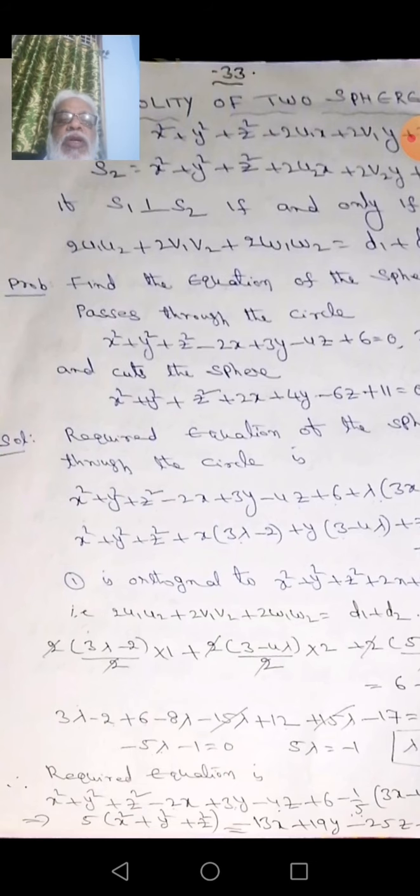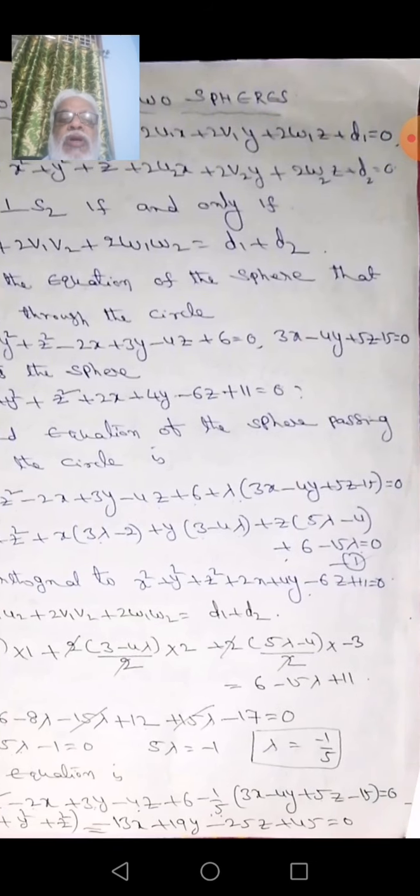Suppose it is orthogonal to the given equation x square plus y square plus z square plus 2x plus 4y minus 6z plus 11 is equal to 0. Here you see that two conditions are given.